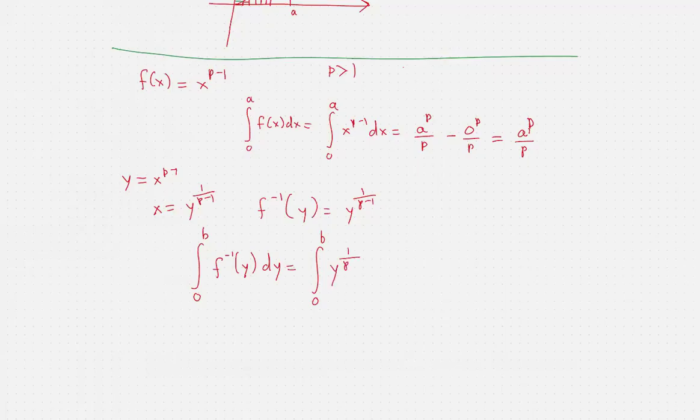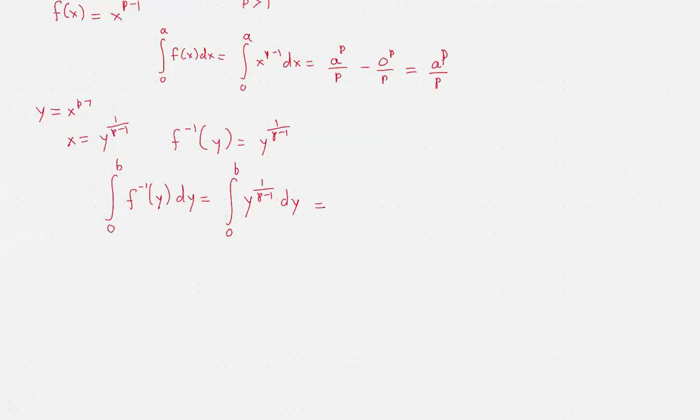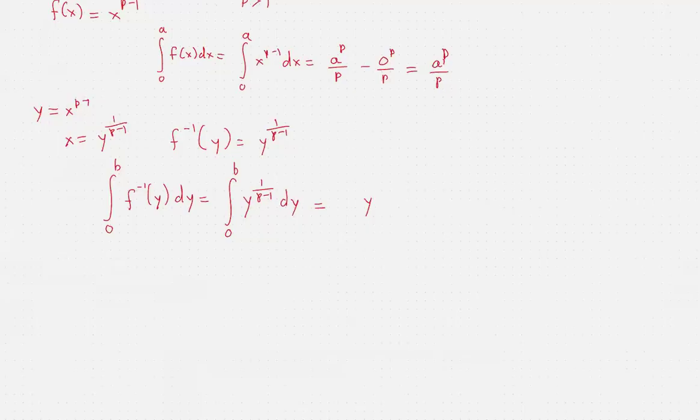And this is equal to the antiderivative, which will be y to the 1 over p minus 1 plus 1 over 1 over p minus 1 plus 1, from 0 to b.